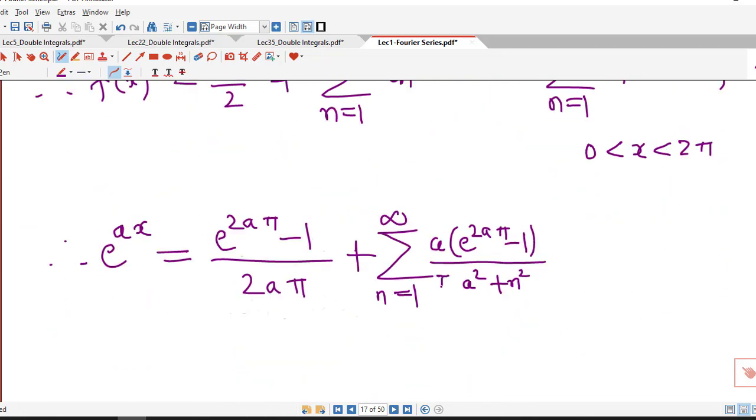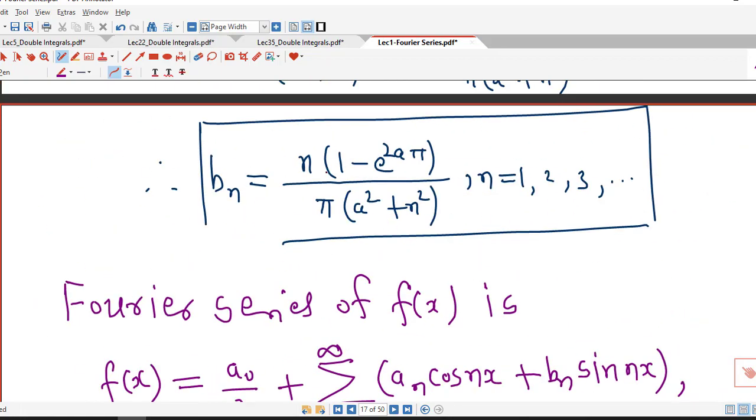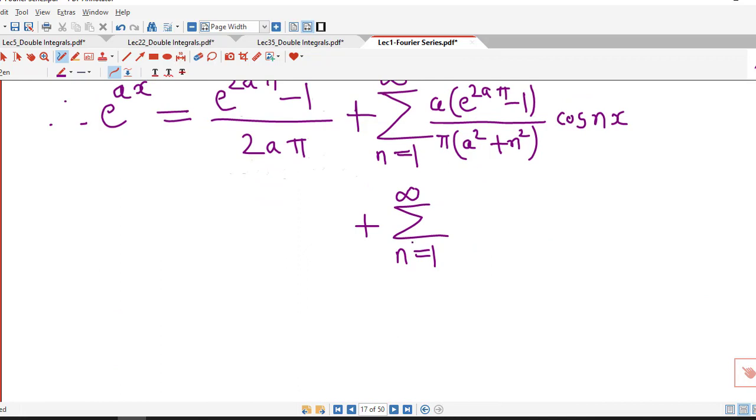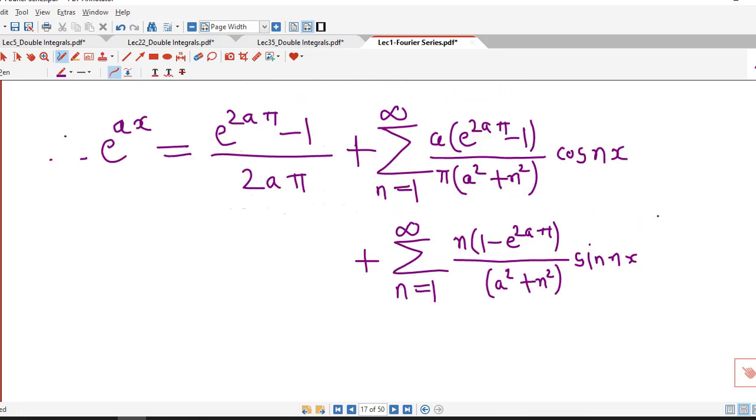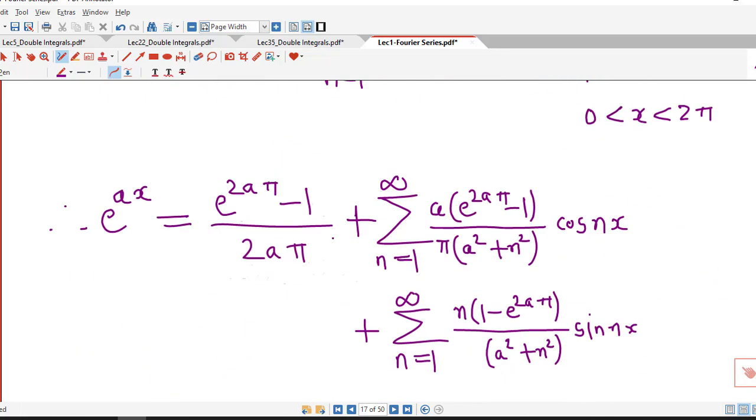So here I have to multiply with pi, this is multiplied with cos nx, plus sigma n equal to 1 to infinity. Now we have to write bn, n into 1 minus e raised to 2a pi divided by pi times a square plus n square, sin nx.